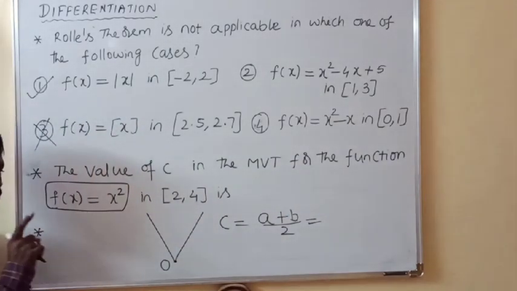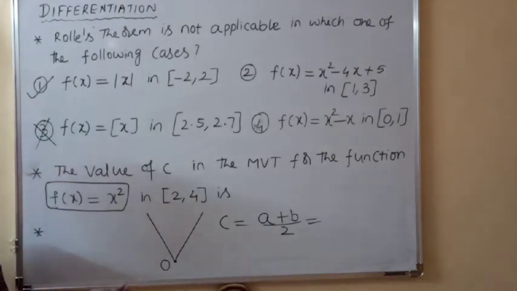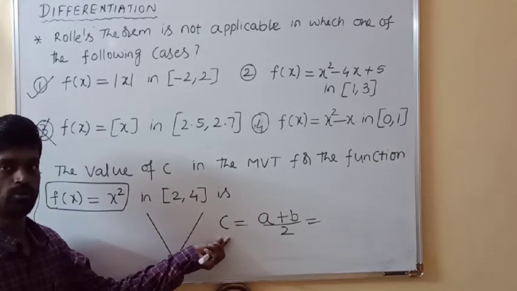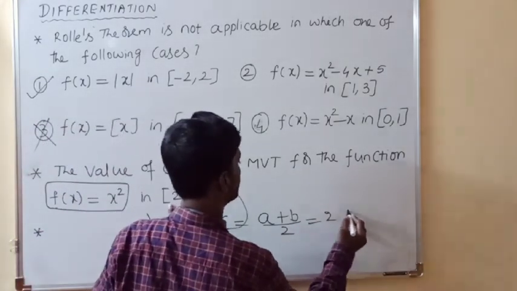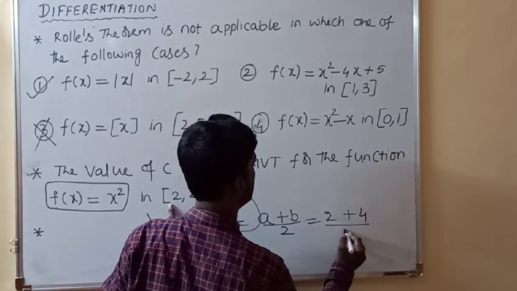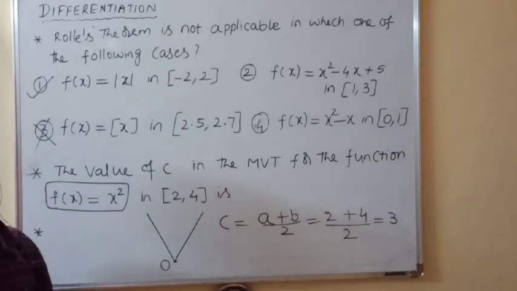This shortcut formula will be applicable if the given function is a quadratic function. So what is a here? 2 plus 4 by 2. So 6 by 2 how much? 3. So that was the answer.